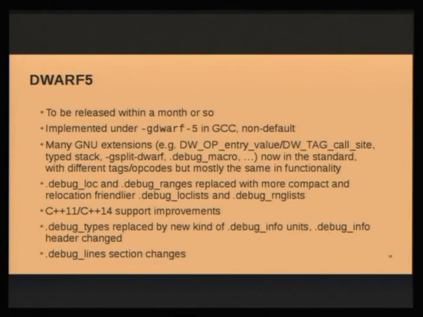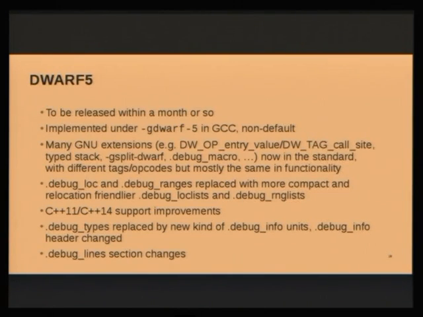So another new feature in GCC is support for DWARF5, which is going to be finally released after how many? 6.5 years, or next month. And this is implemented under -gdwarf-5.